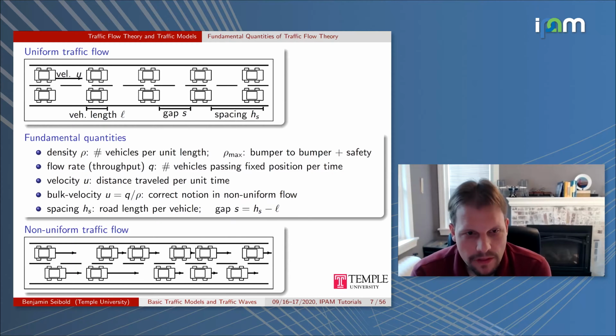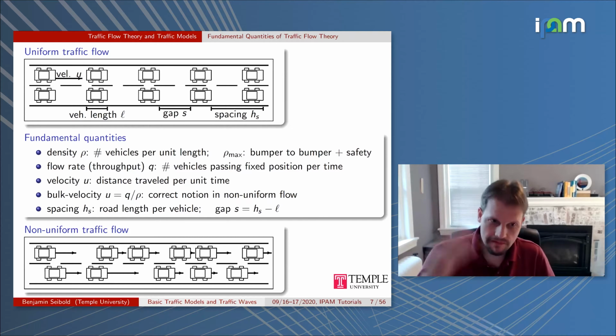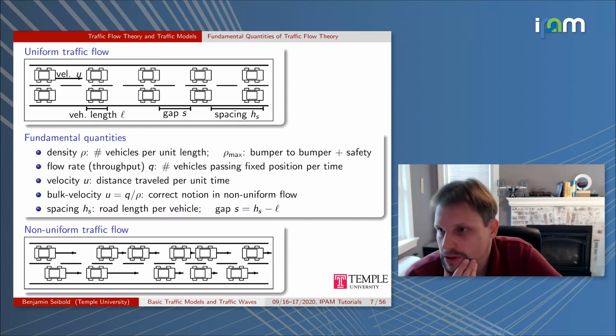Okay, and then with the flow rate Q and the density rho, you can get the velocity. Well, if all the vehicles now are at the top going at the same speed, then of course every vehicle has a velocity u, right? Which of course is distance traveled per unit time. If you are at the bottom situation, then of course vehicles all have different velocities.